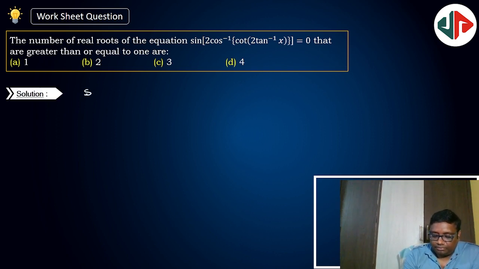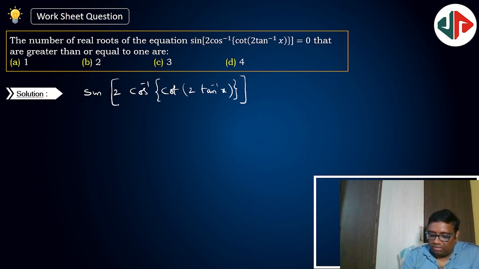Sine of 2 times cos inverse of cot of 2 times tan inverse of x is equal to 0.